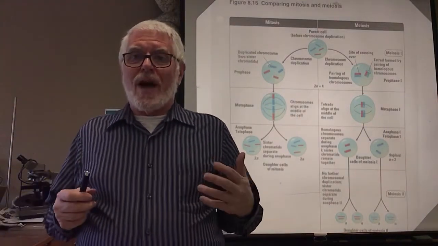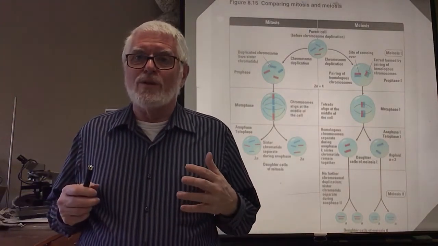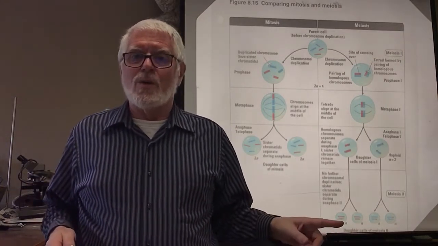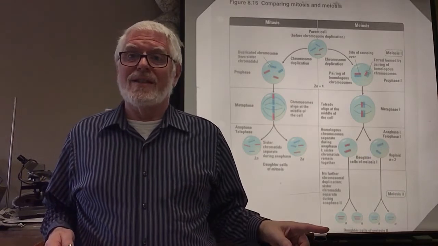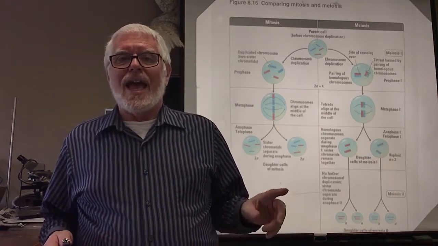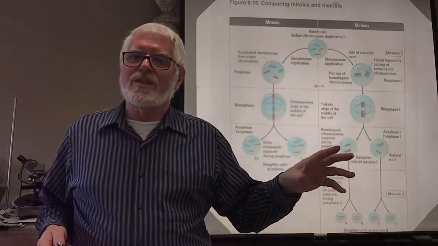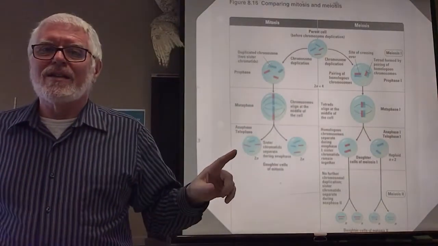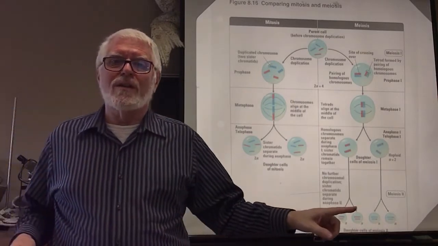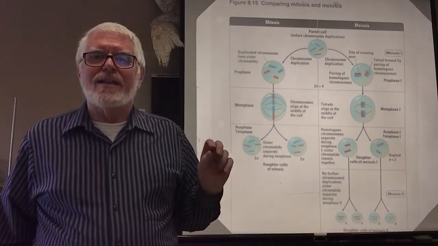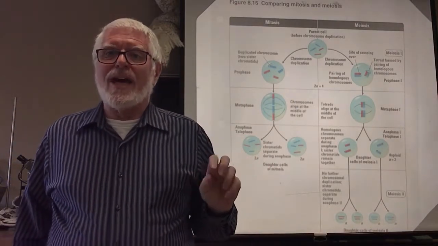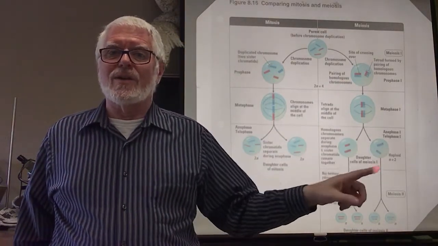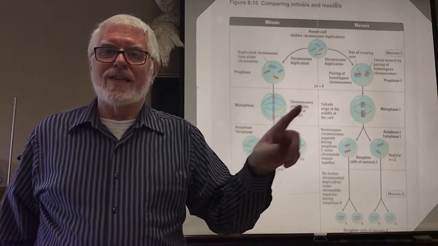So the problem with meiosis is that now you had two sets of chromosomes, now you've got four sets of chromosomes. So you're going to need to make four cells or four nuclei. And so one of the first things about meiosis is that you're not producing two, you're producing four. And the easiest way to do that is to do it in two steps as opposed to a single step.